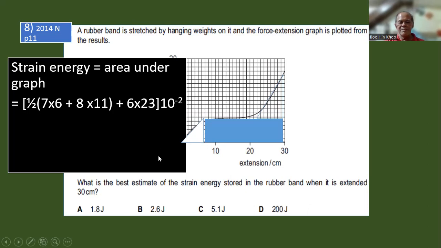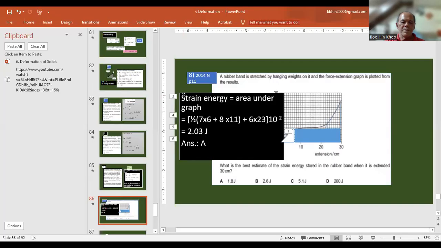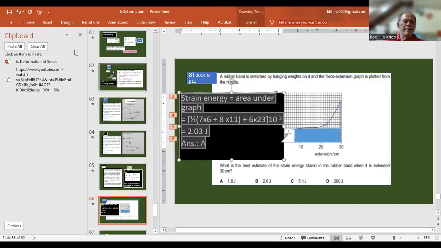Sorry, that's hidden. Maybe I can make this one smaller.